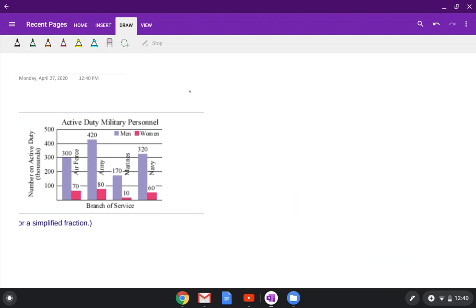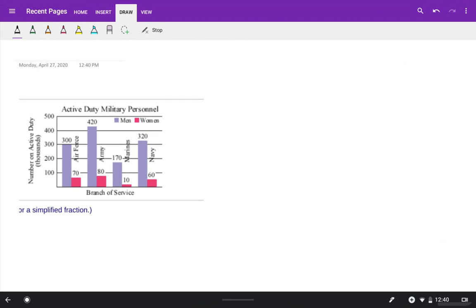Okay, so here I have to find the probability that the person is in the Navy or Army. So here you're going to add the probability that the person is in the Navy and the probability that the person is in the Army. Or in probability means plus, and means multiply.